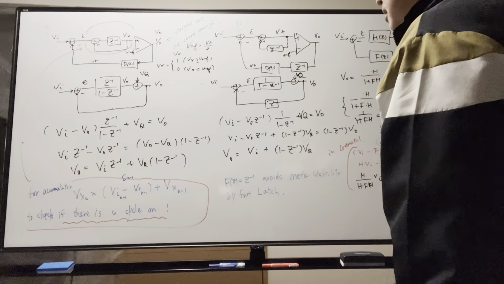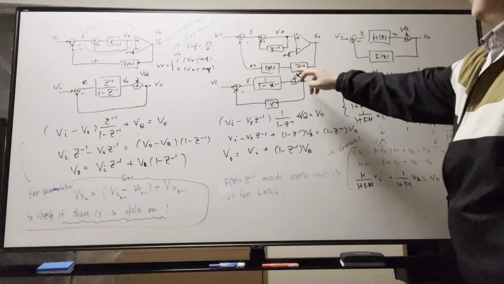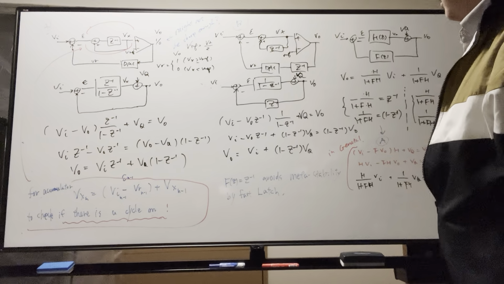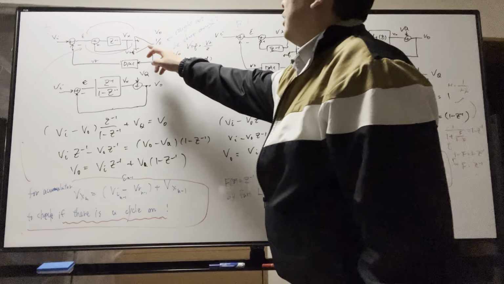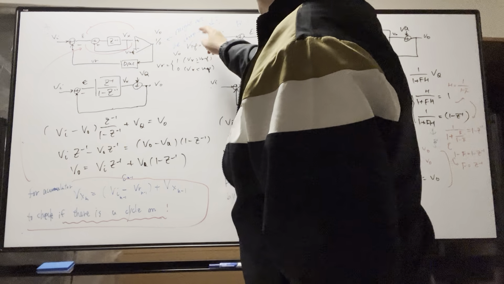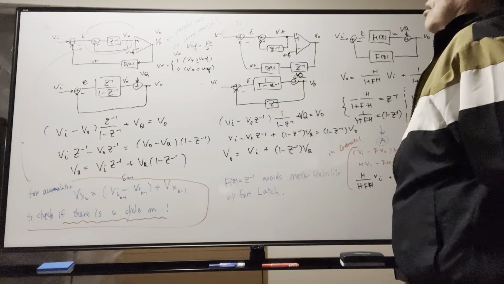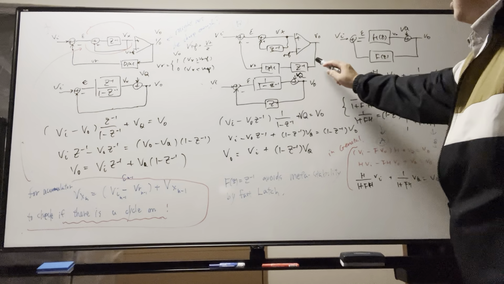So in case B, there's a latch for some kind of metastability. The comparator output might not be sharp enough, and in that case some instability happens.